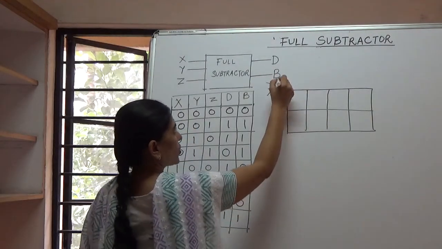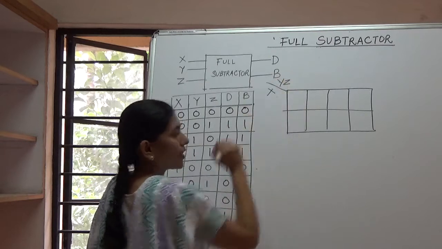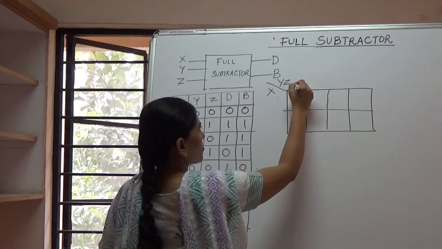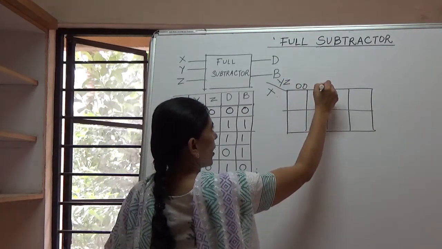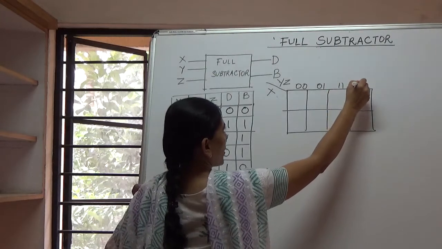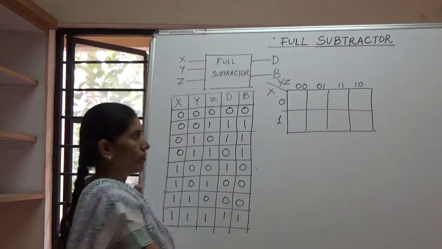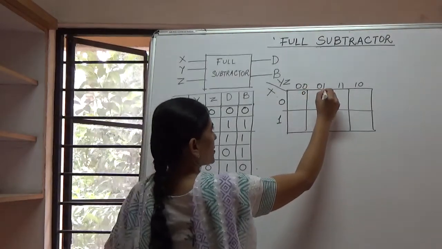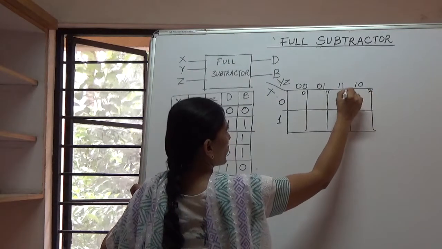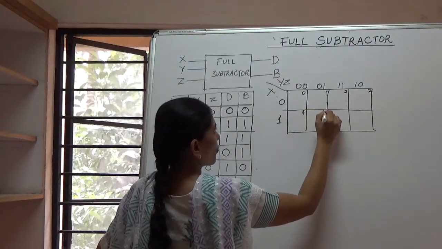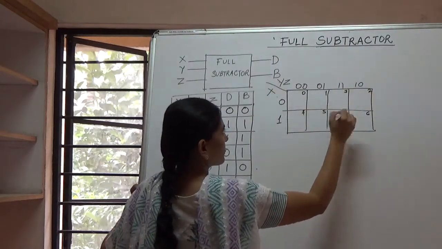X is taken along the rows and YZ is taken along the columns. The columns are assigned as 00, 01, 11 and 10. Rows 0 and 1. So the squares allotted are 0, 1, 2, 3, 4, 5, 6, 7.